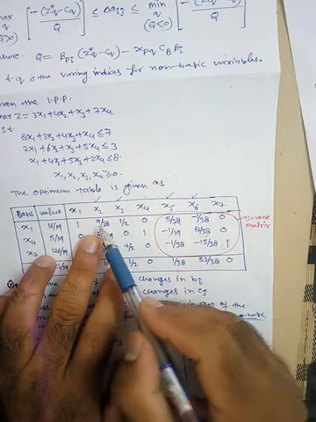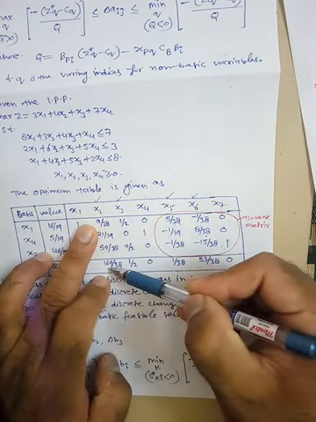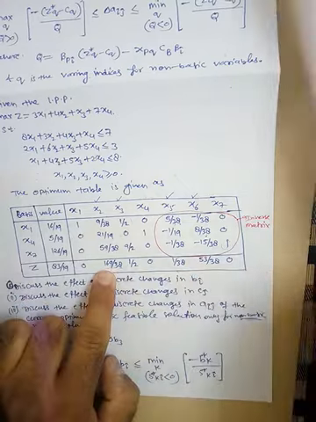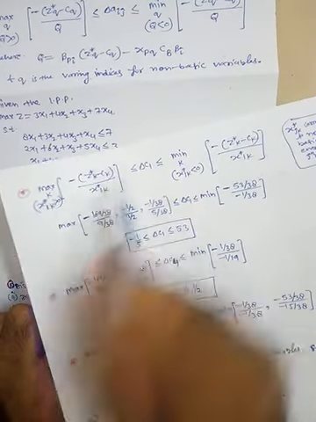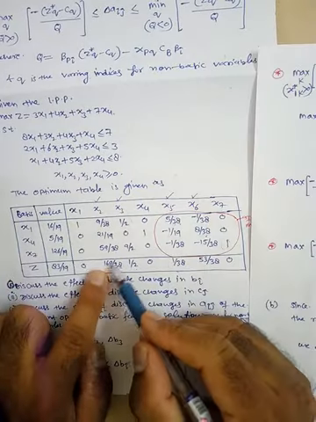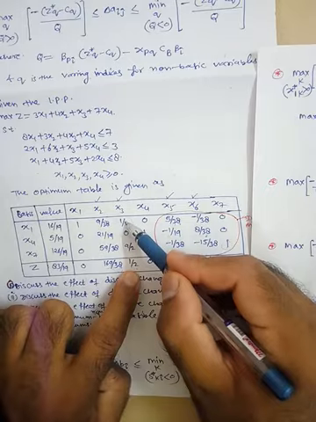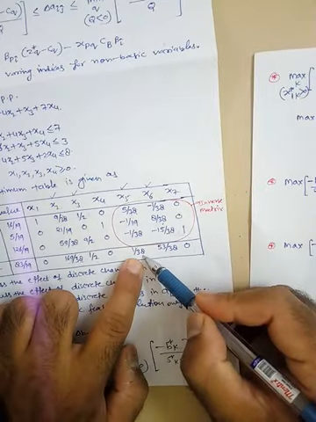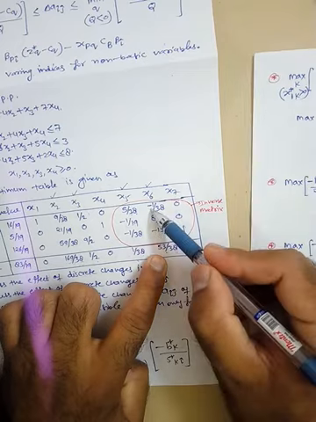So now find the ratio corresponding to this: z star k minus ck divided by this. So minus of this value divided by this value: minus of half divided by half, minus of 1 by 38 divided by 5 by 38, and minus of 53 by 38 divided by this. Fine.